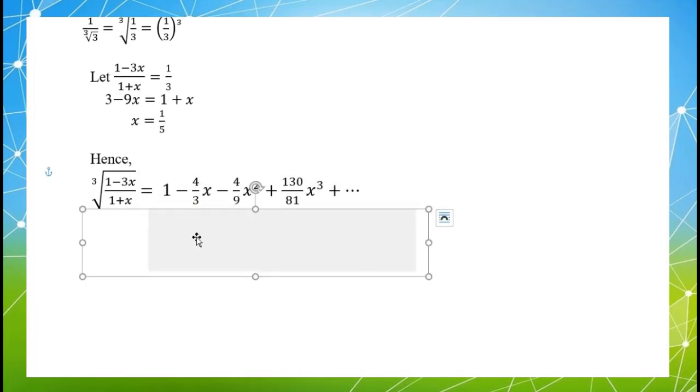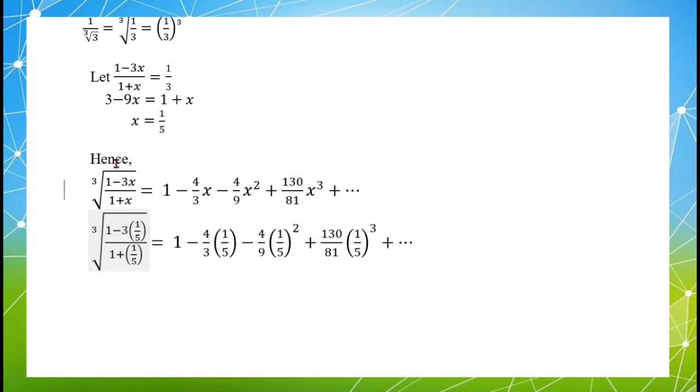I substitute x with 1 over 5 on the left and also on the right. Then I try to simplify. On the left hand side, I get cube root of 1 over 3, and on the right hand side is 0.7284. And we know that cube root of 1 over 3 is also the same as 1 over cube root of 3. So therefore, the final answer is 0.7284.